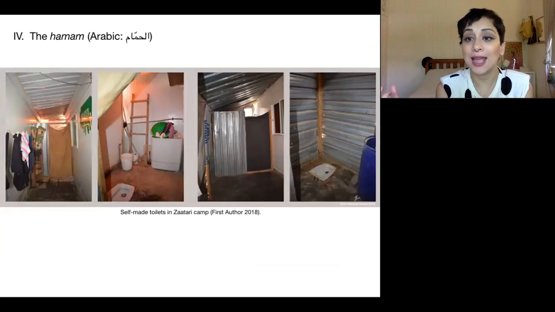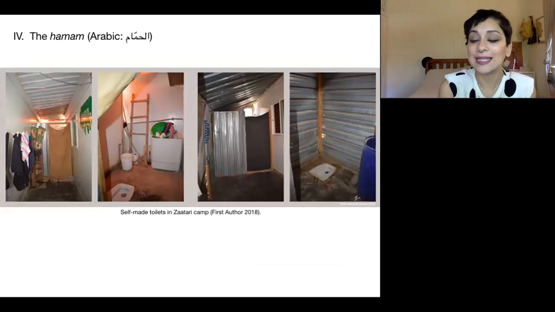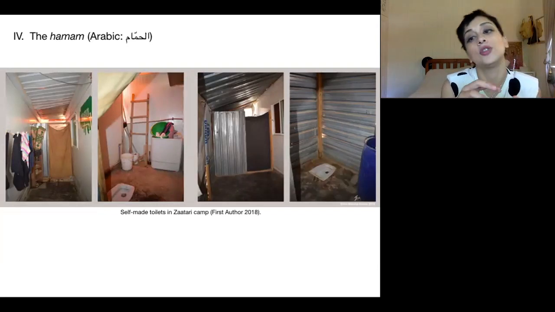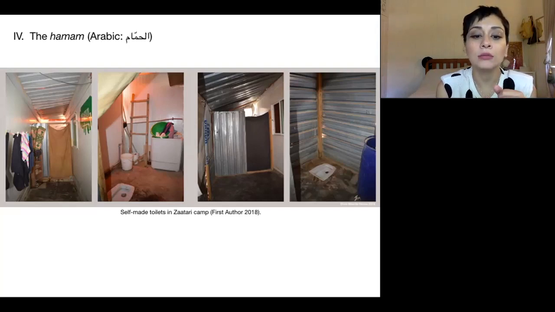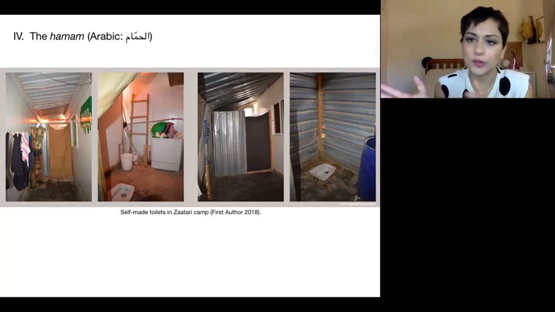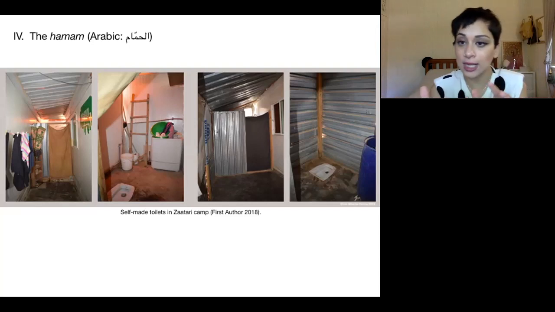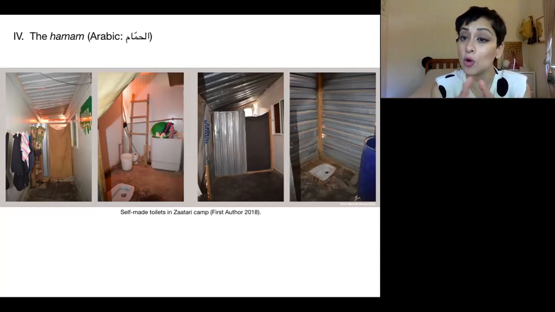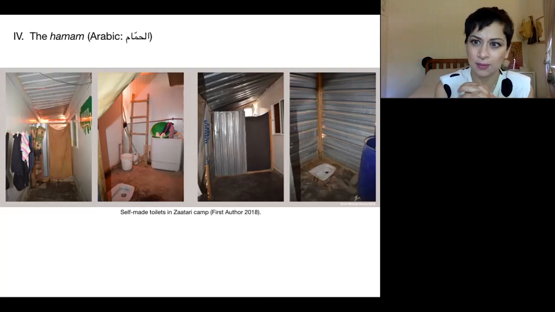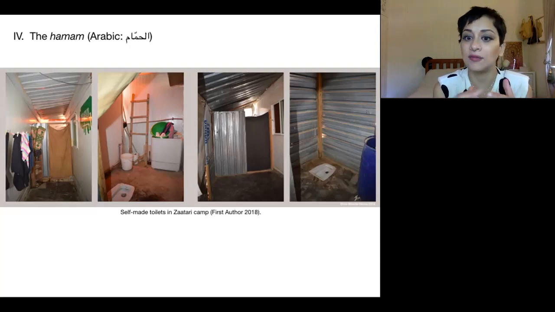But as soon as that element starts getting inside the shelter, inside the dwelling, we can see that the shelter started to transform into a complex structure. In the older camps, most of the camps now have their private bathrooms and toilets, but in Zatari, it's still in that transitioning space. So I got to witness that, and refugees build their own toilets. And most of the time, it's unhygienic because it's self-made.